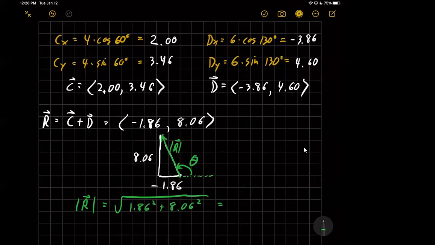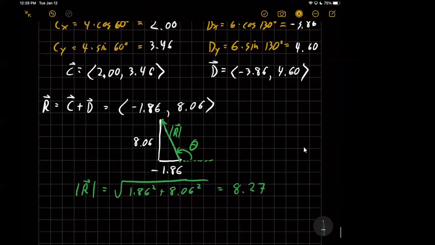And we put those into the calculator: 1.86 squared plus 8.06 squared, and then you take the square root of that answer, and it looks like we get 8.27, which seems reasonable. Okay, so you can see the hypotenuse is a little bigger than the vertical leg, and I probably made the horizontal leg a little bit too long in the picture. So that's a reasonable answer, and that is probably correct.